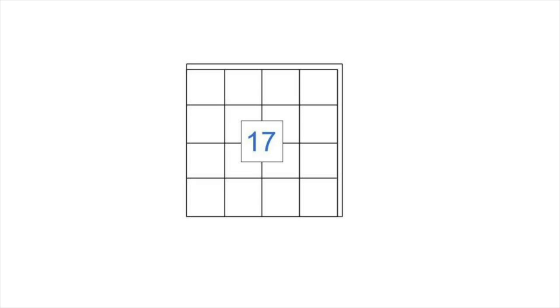But now let's try and use Uncle Tom's method to estimate something difficult, like the square root of 17. So for the square root of 17, our square is going to be bigger. And the length of each side is going to be a little more than 4. So we're going to call the extra length we have to add x.